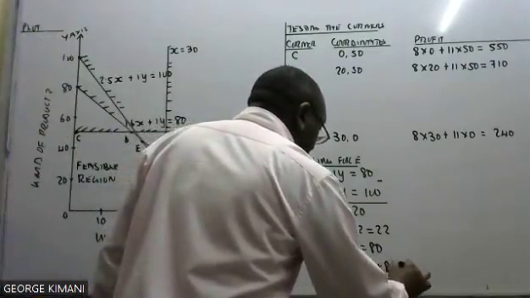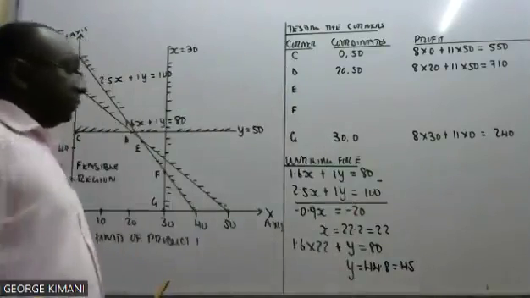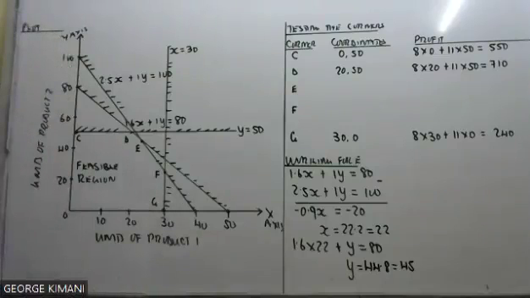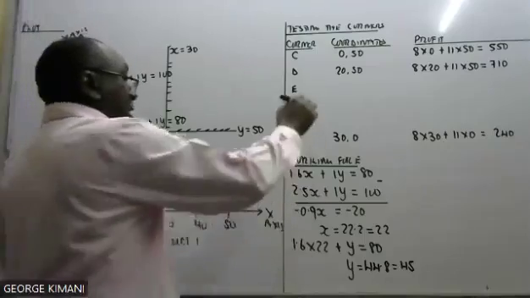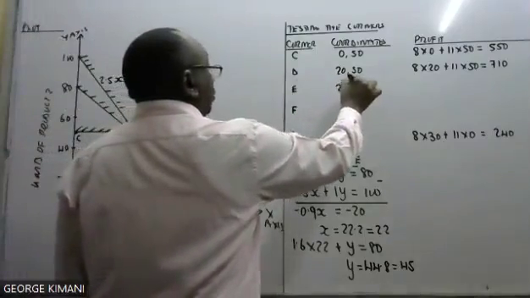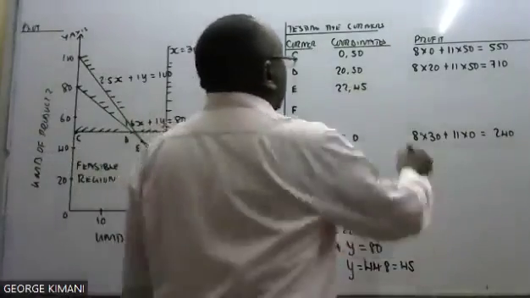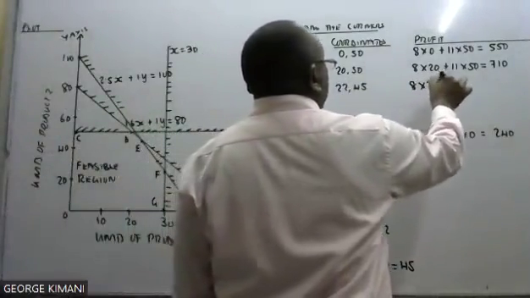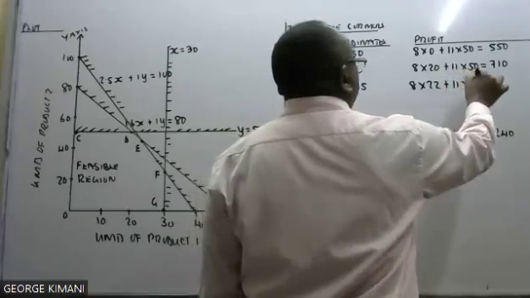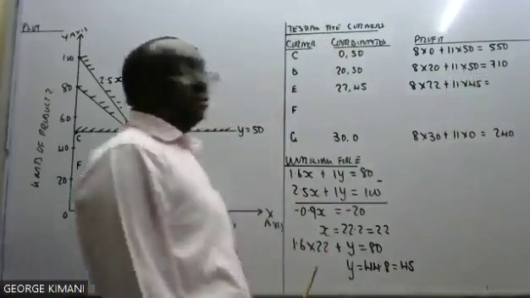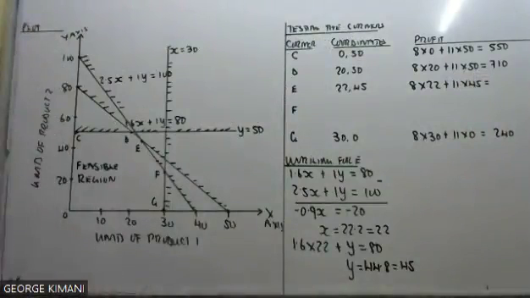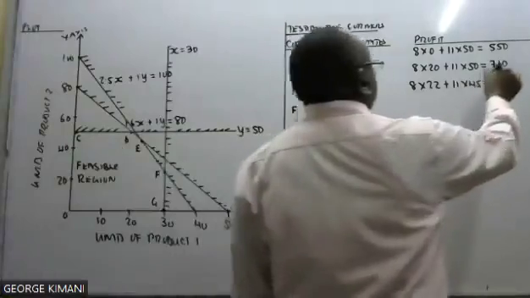So can we make it 45? So if we make it 45, kuja hapa useme this is 22, 45. So 8 times 22 plus 11 times 45 is 671.